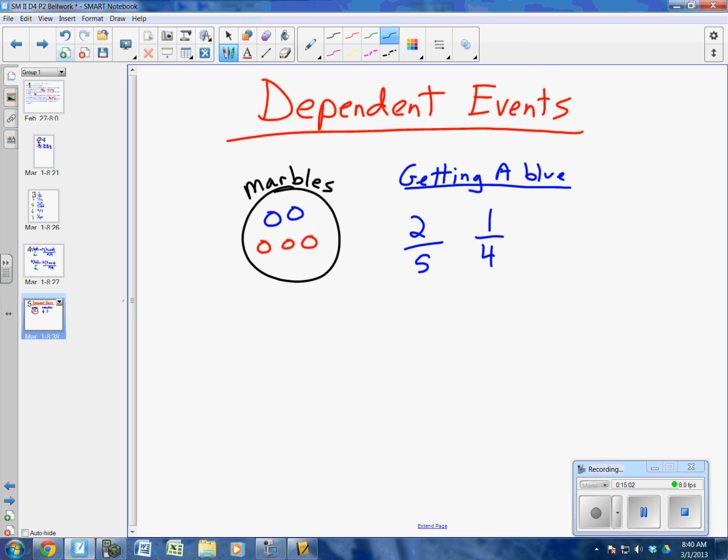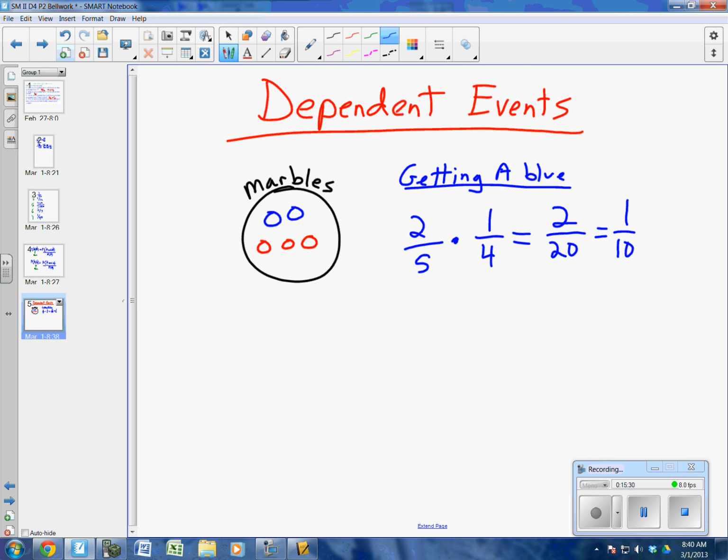Okay, now, did my second draw depend on my first draw? Yes, it did, right? And the probability of those two things happening is kind of like when we did the dependent or independent. You multiply those together. So the probability of reaching in there once and getting a blue, then reaching in there a second time and getting a blue, is 2 out of 20, which is a 1/10 chance.